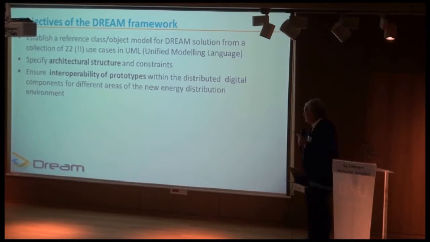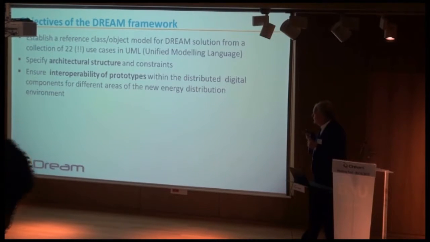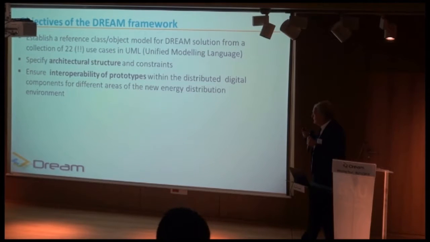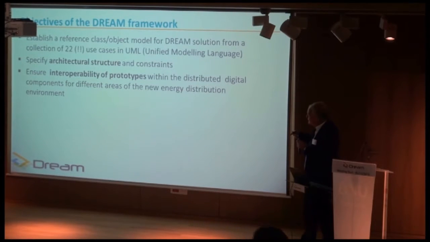Furthermore, we had to ensure that the prototypes were interoperable, so that it was possible to be sure that the real-time methods and operations were not conflicting with market operations regarding the time frames and the ICT requirements.